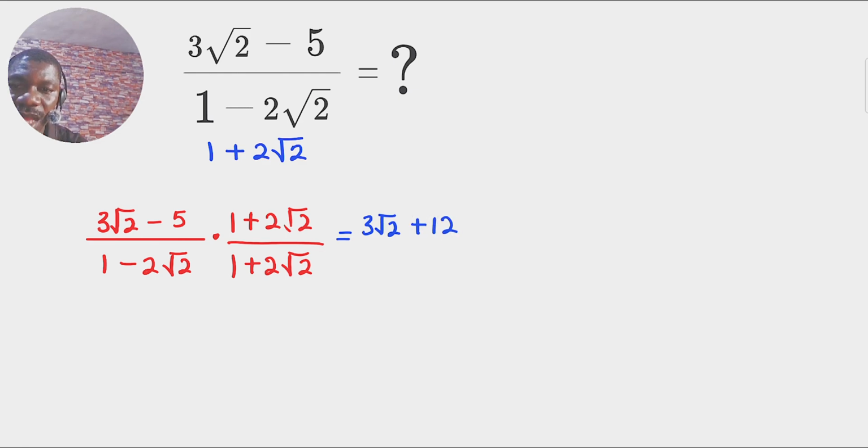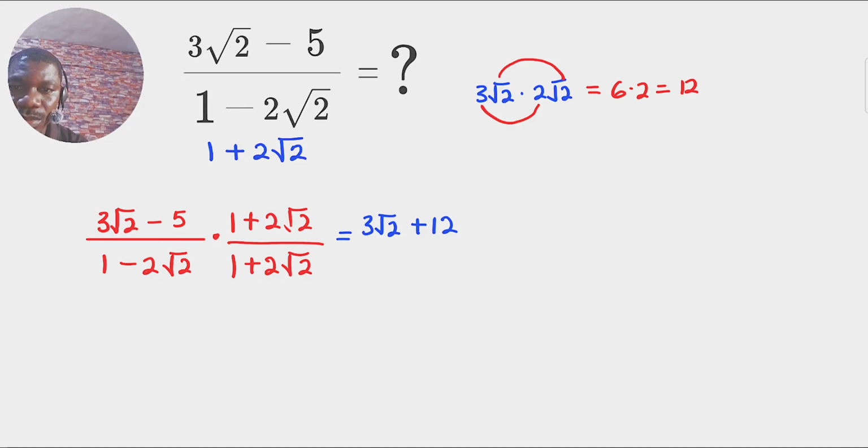You might be asking how. Now take note that when you have 3 root 2 multiply 2 root 2, this is what happens. 3 multiplies 2, that will give us 6. Now root 2 times root 2 will give us 2, giving us 12. Okay, so then we continue.